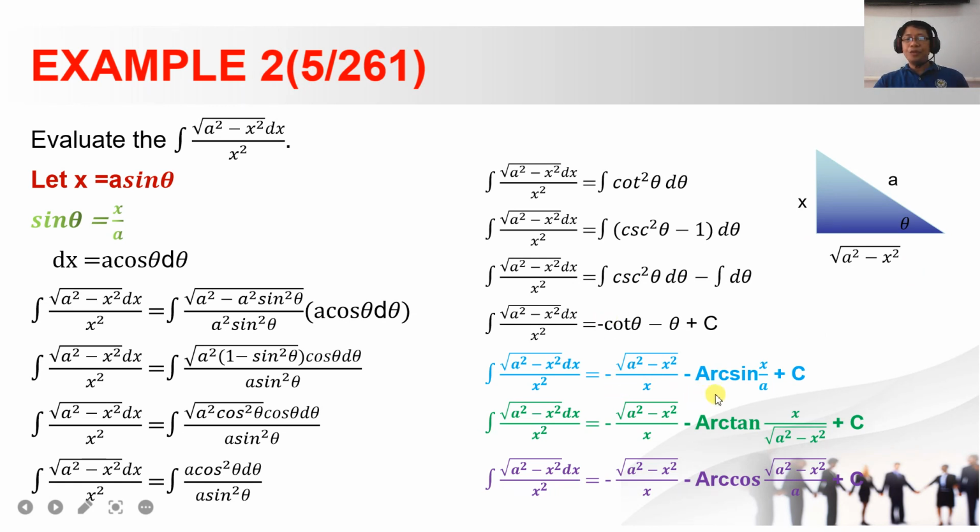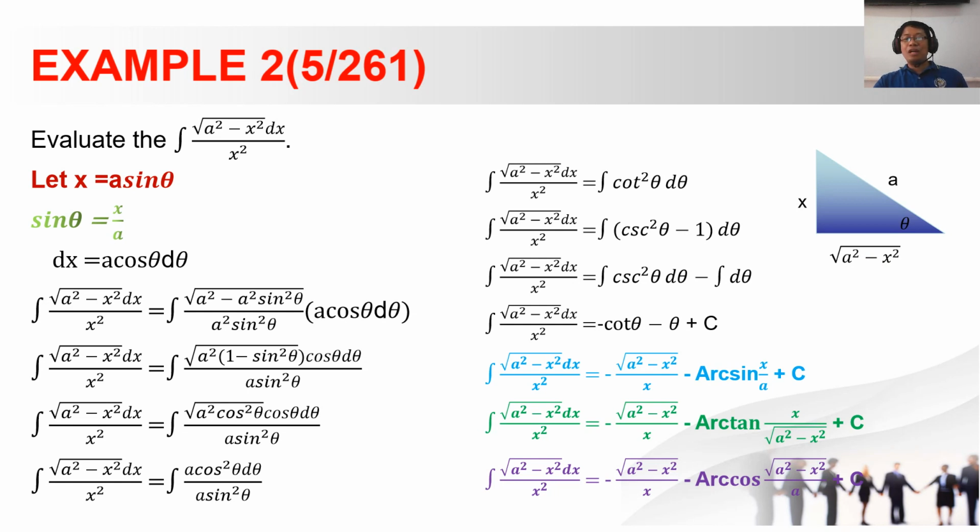Okay. For the angle, there are three options. It can be arc sine of x over a. If you use arc sine, that is opposite over hypotenuse, so the opposite side is x and the hypotenuse is a. On a calculator, if this is a triangle with sides 1 and 2 and you need to compute the angle in degrees, opposite over hypotenuse is a function of sine, so you divide 1 over 2, press shift sine, and the answer is 30 degrees.